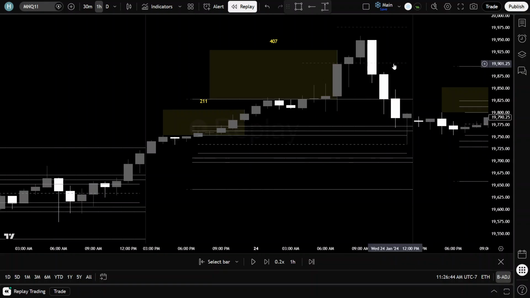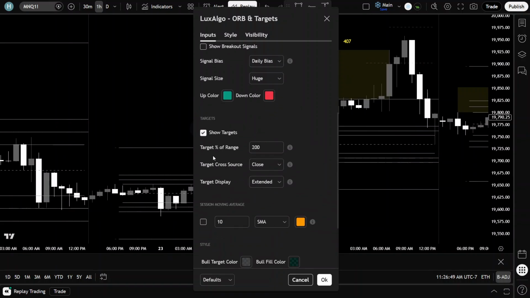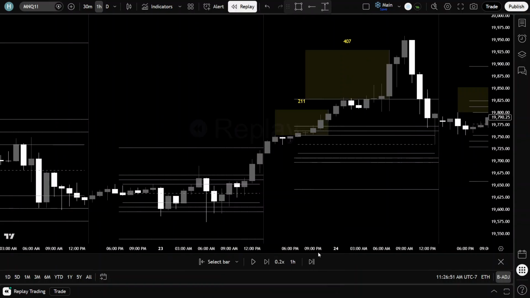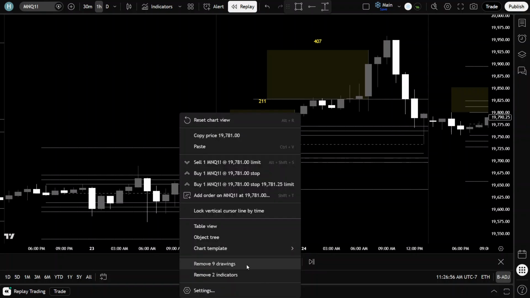But yeah, that's that. I tried to do multiple standard deviations, but I just think it's better to play these manipulation levels and be done for the one trade.